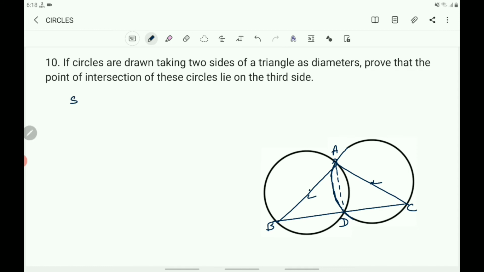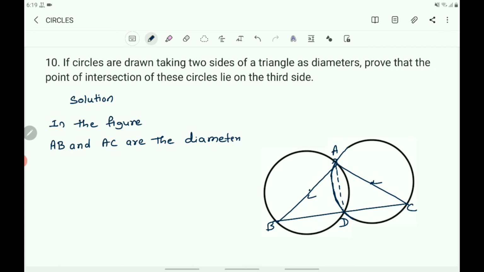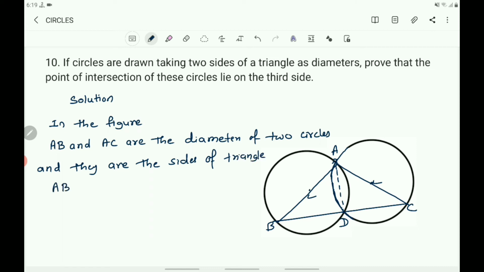So you write the solution. In the figure, AB and AC are the diameters of two circles and they are the sides of triangle ABC.